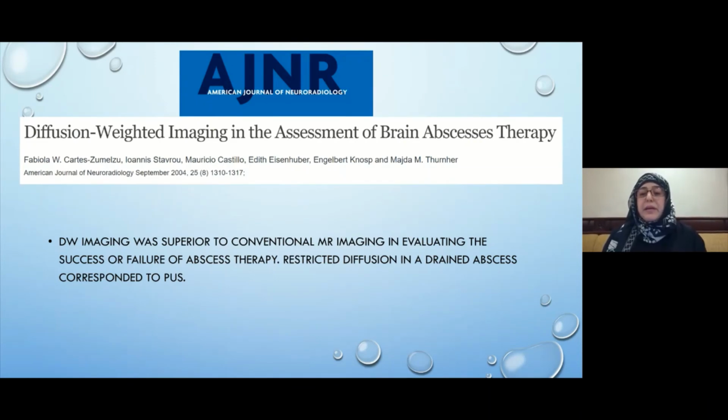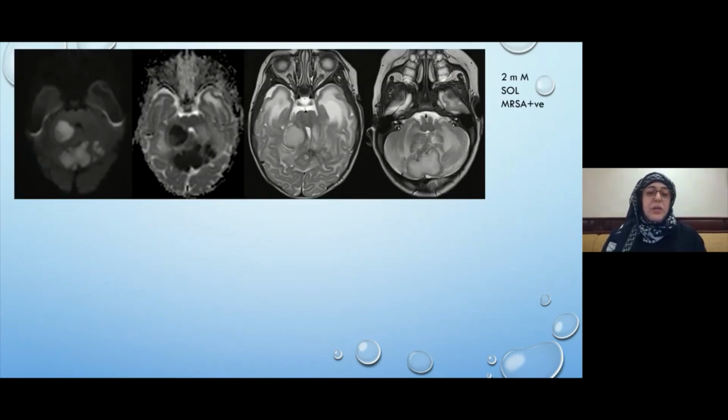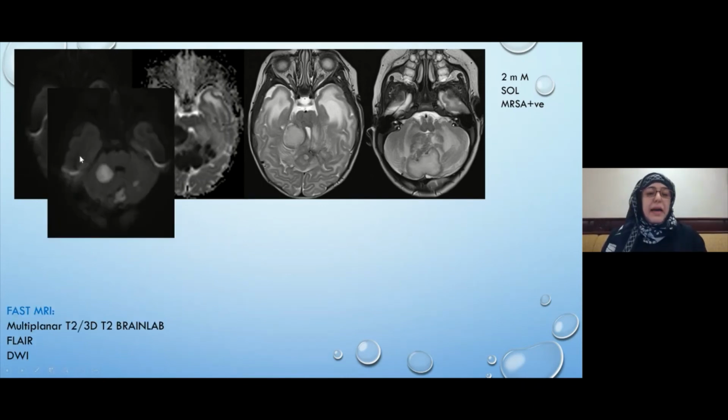response to therapy, whether surgical or medical, like we see in this case with a baby who had multiple posterior fossa abscesses and also had hydrocephalus.